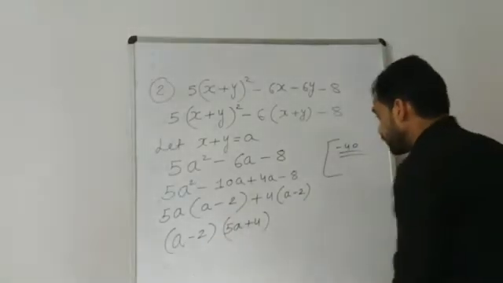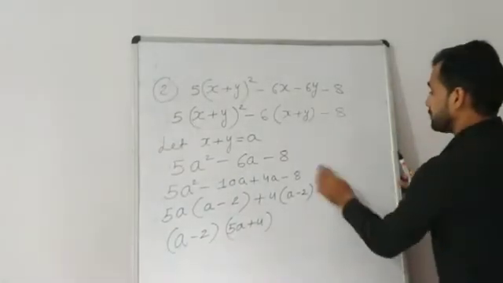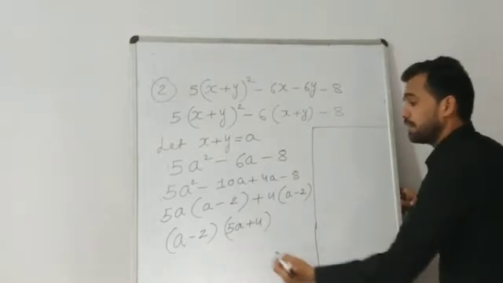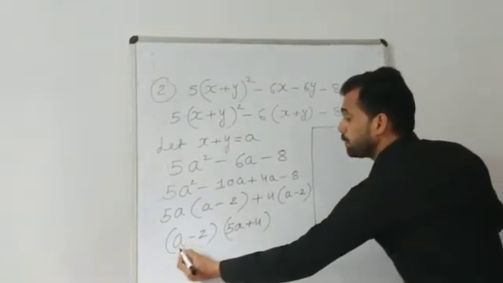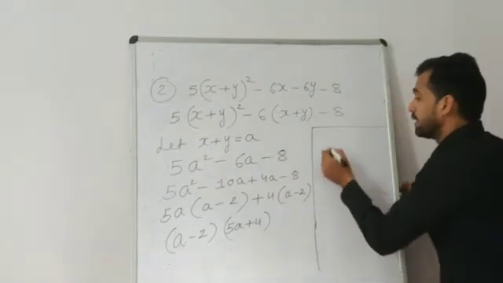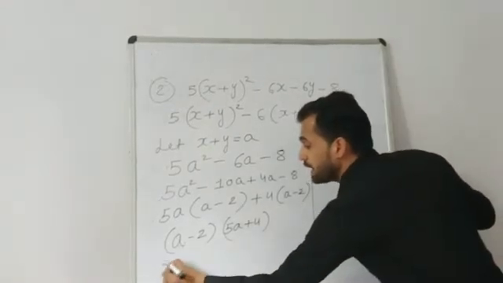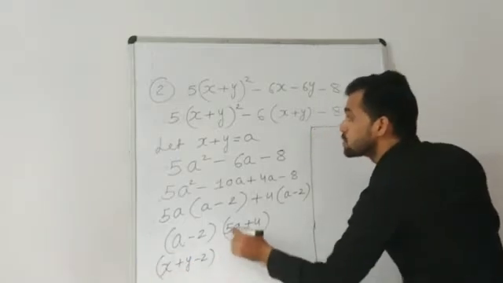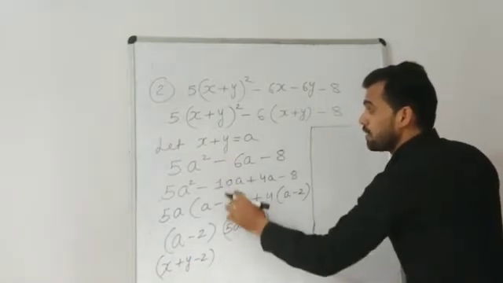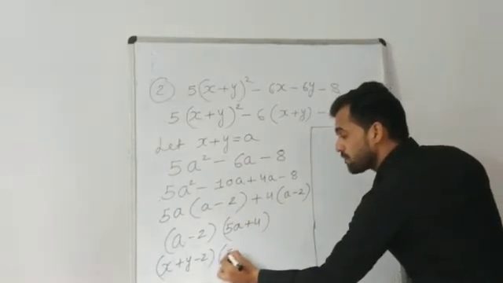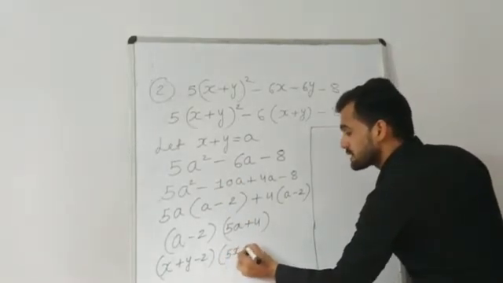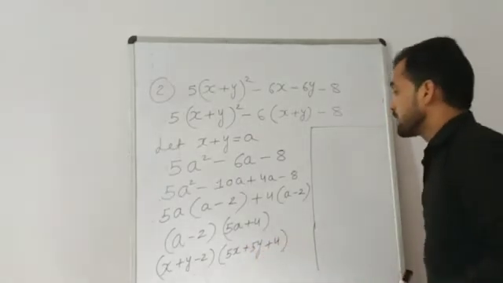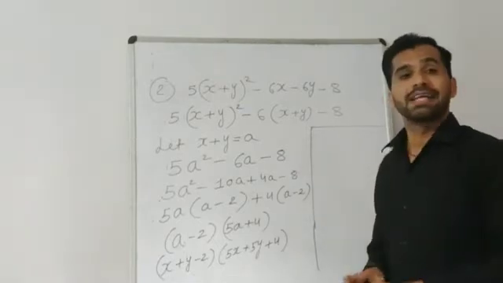Now in place of a we will put x plus y, so a minus 2 becomes x plus y minus 2, the first expression. And in place of a I will write x plus y in 5a plus 4, so it will become 5x plus 5y plus 4. That is the final answer for your given expression.